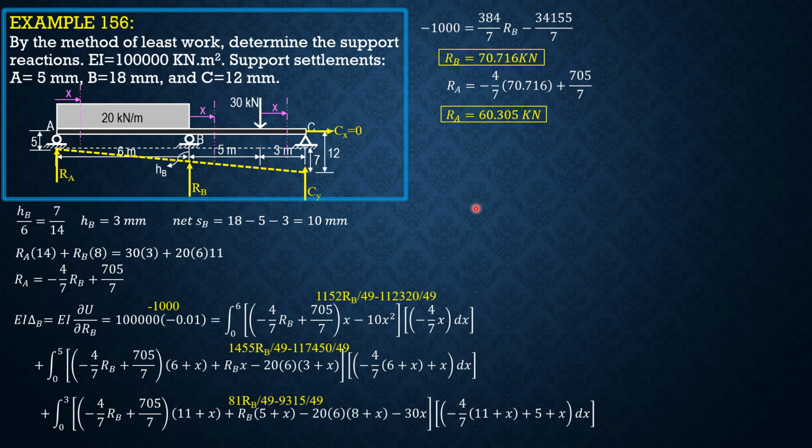Then for RC, summation of moments about A is 0. So CY times 14 plus RB, 70.716, times 6, equals 20 times 6 times 3 plus 30 times 11. So CY equals 18.97 kilonewtons. I leave the checking to you, summation of forces in Y. It should be more or less 0.